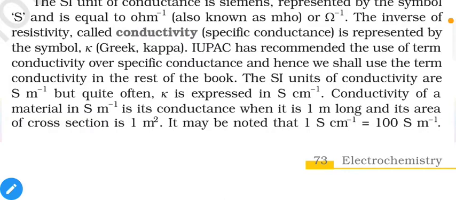It is the inverse of resistivity, so the units are inverted as well. The unit of conductivity is Siemens meter inverse, but quite often kappa is expressed in Siemens centimeter inverse. Conductivity of a material in S meter inverse is the conductance when it is 1 meter long and the area of cross section is 1 meter square. It may be noted that 1 S centimeter inverse is equal to 100 S meter inverse.